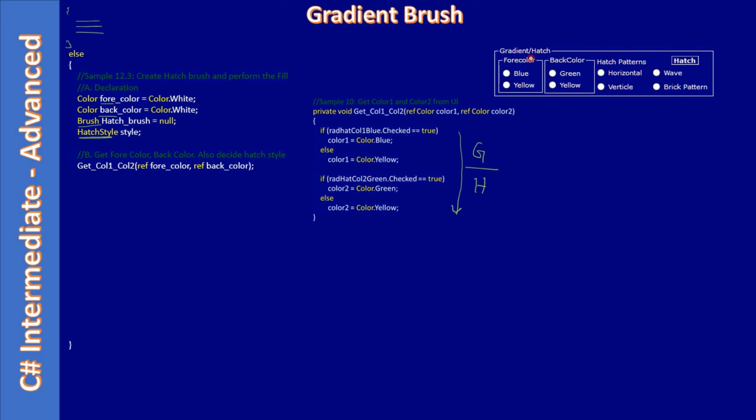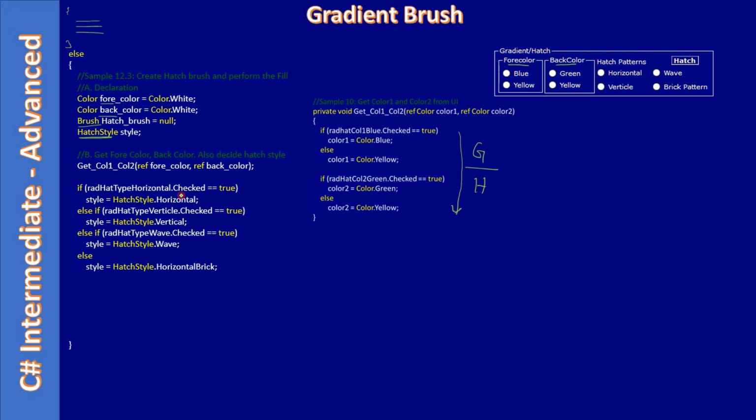So this is the section this function is using, right? After getting the fore color and back color, we check these 4 radio buttons and we apply the hatch style. Hatch style is horizontal, vertical. Here we are simply providing the pattern: horizontal pattern, vertical pattern, wave, and horizontal brick.